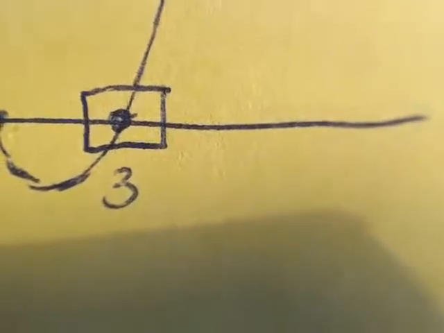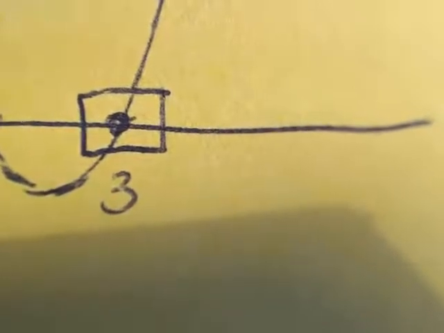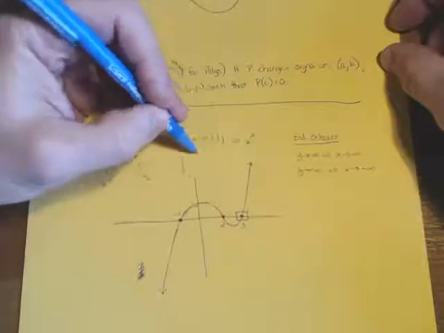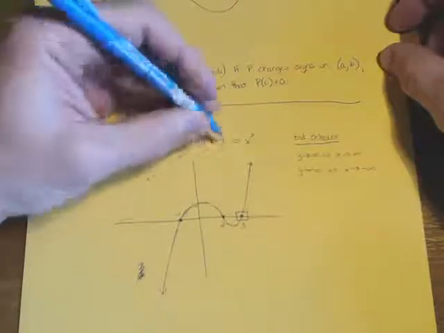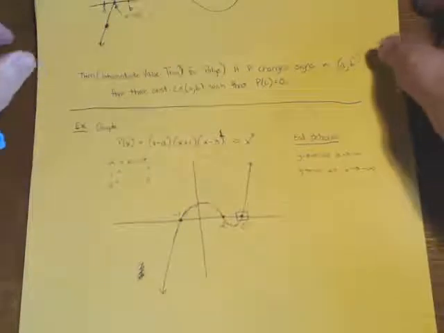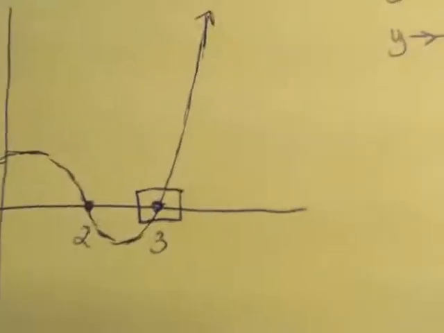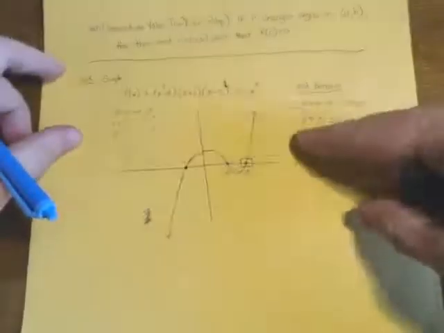So that 0 there occurs at 3, and it comes from this factor right here, the x minus 3, and notice the power on that is 1. That means that's a linear factor. So if I were to zoom in close enough to that 0, my camera won't zoom nicely to that. But if it could, it would look like a line going through that because it's a first power 0.